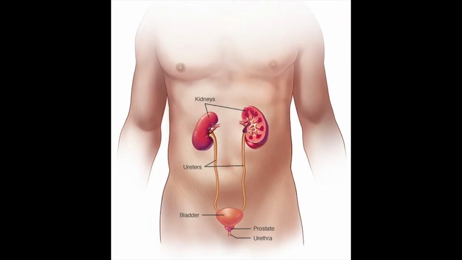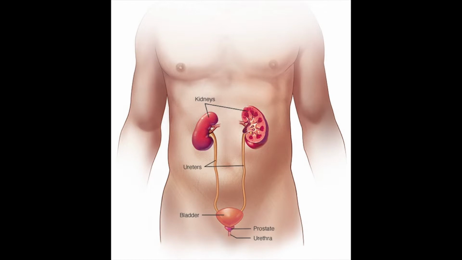Before understanding urinary tract infection, let's understand the urinary tract or excretory system of humans. It starts from the kidney. You have two kidneys on the lower back of your body. These two kidneys form urine. Urine is the excretory product or waste product of your body. It carries urine through the ureter and stores it in the urinary bladder.